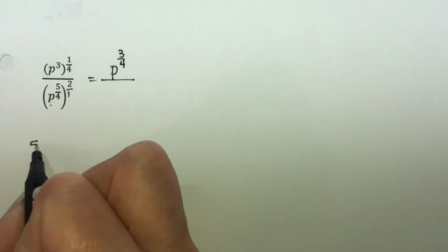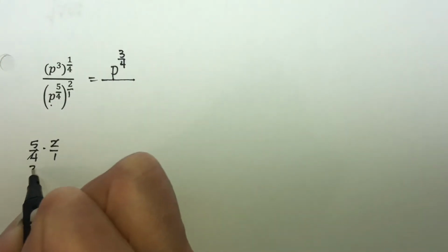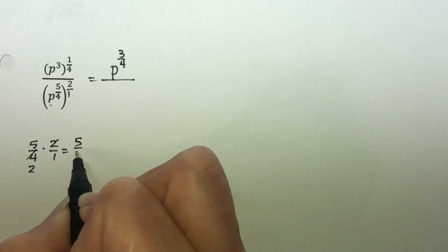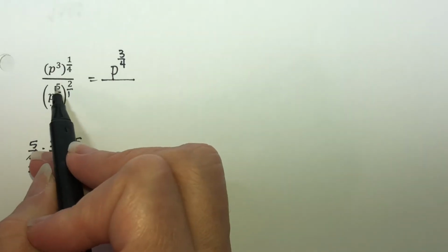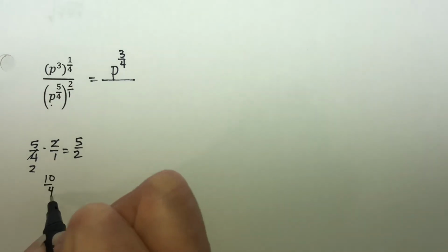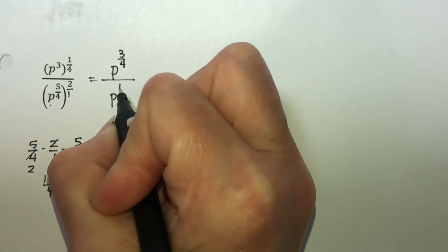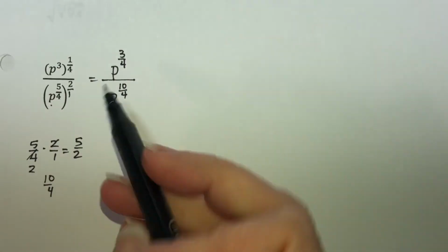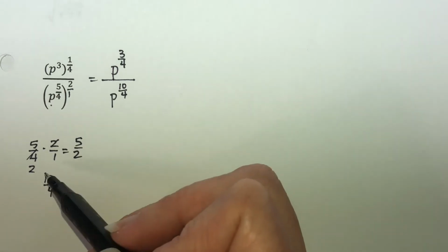I could multiply 5/4 times 2 over 1, reduce this, and get 5/2. That's perfectly okay. But if I don't reduce it, I get 10 over 4, and I'll have a common denominator. So I'm going to do that. Just looking ahead a little bit, if you did it the other way, when you go to subtract, you're going to have to create a common denominator.